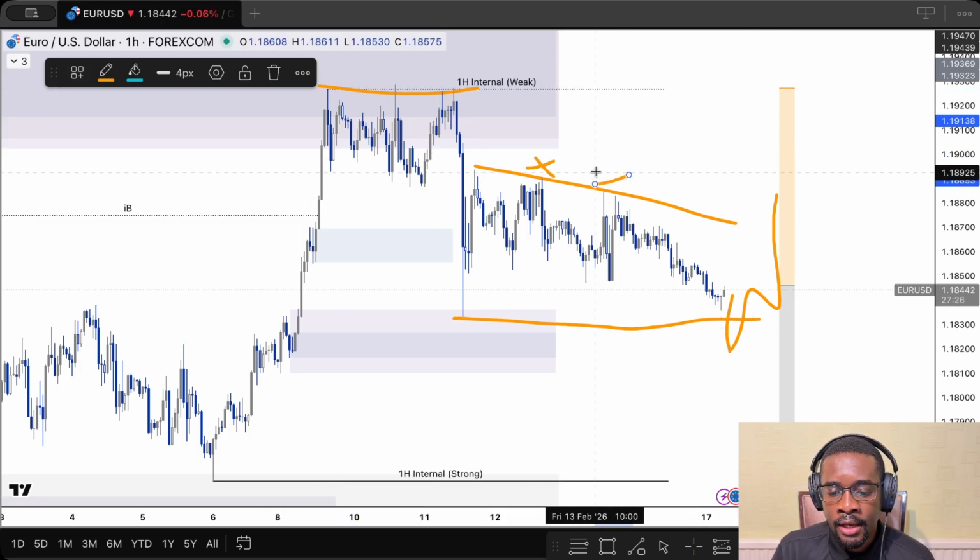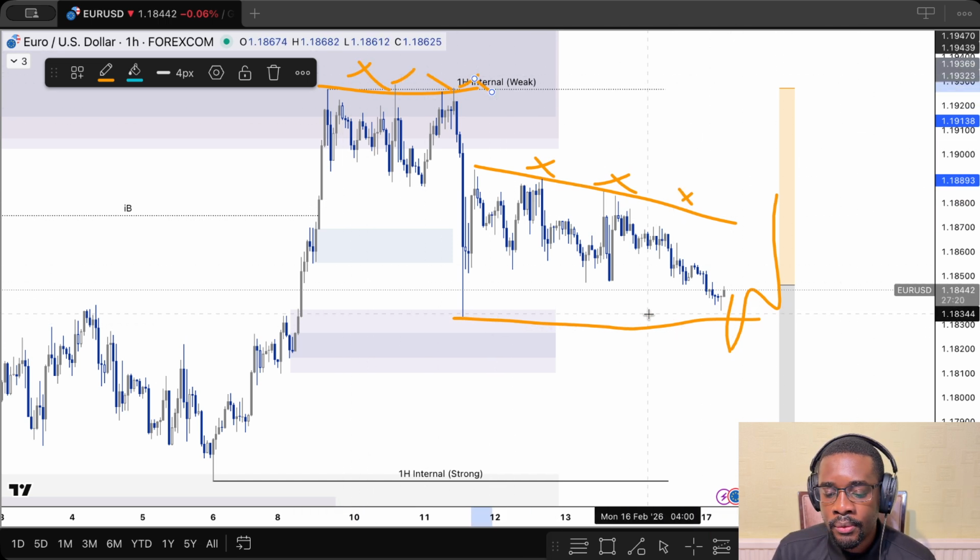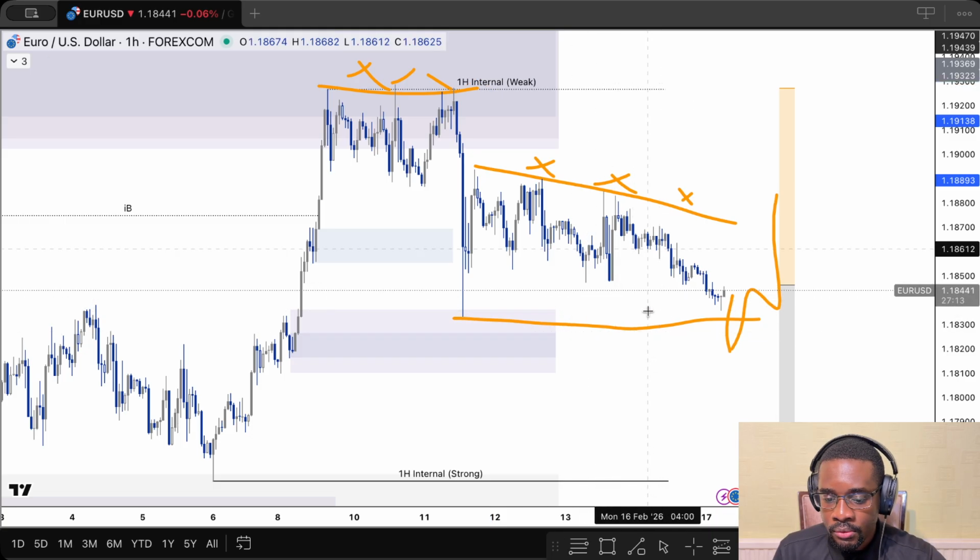That means we have resting liquidity there and resting liquidity up here as well. So once we take this low, I might be looking for any excuse to go long. Okay, so this is what we have on the Euro USD.